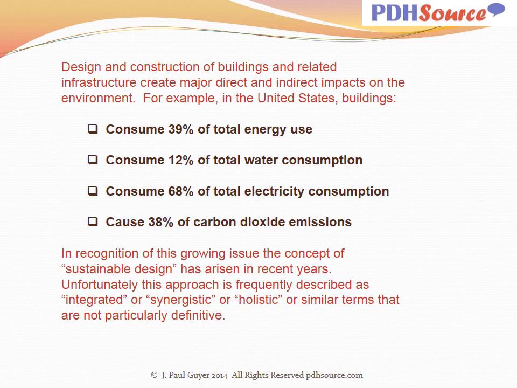Now, that I think might be a little bit misleading. It's probably more appropriate to say that buildings utilize 12% of total water utilized. But a lot of water gets utilized that doesn't get consumed, because the water system on this planet is, of course, pretty much a closed loop system.